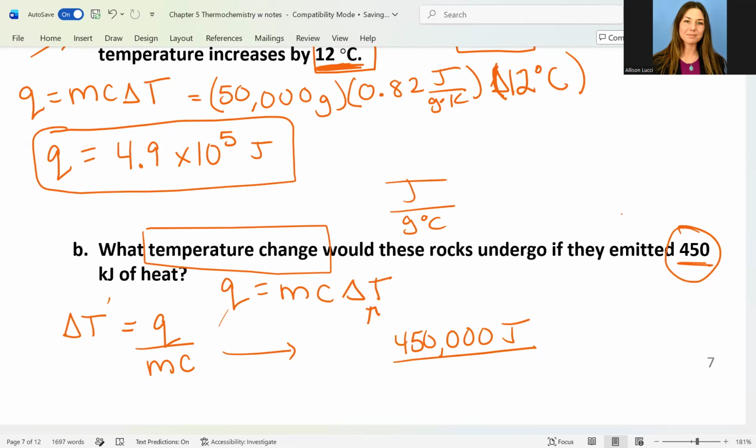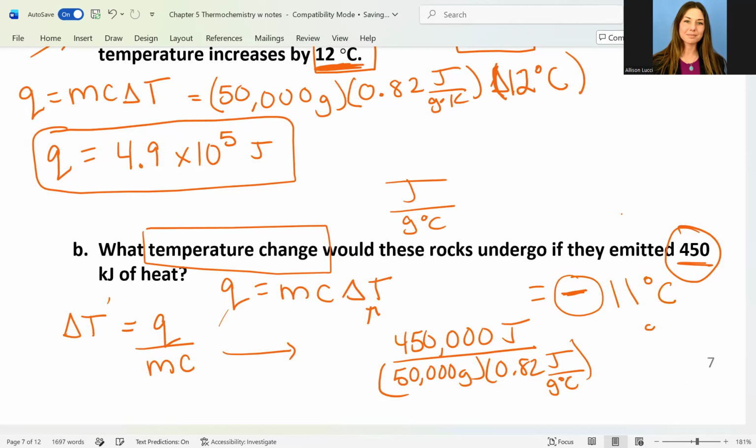Now I'm going to divide by that same mass, 50,000 grams, and my specific heat capacity of 0.82 joules per gram Celsius. This will give me my temperature change in either Celsius or Kelvin. When I plug this in, I know that the rocks are emitting heat, so they're going to be losing energy. So this will be a negative change in temperature of 11 degrees, whether it's degrees Celsius or Kelvin.